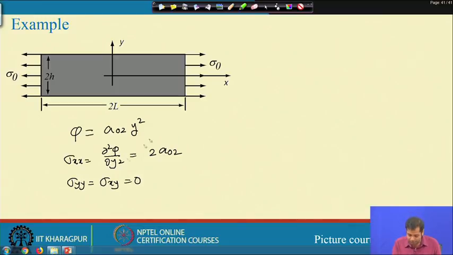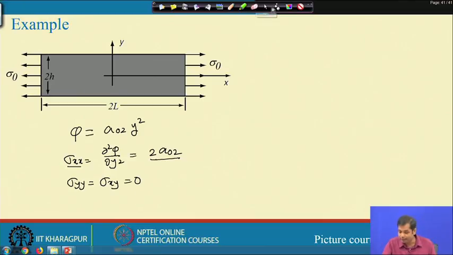Okay. From this phi we can derive that. So, if you take any point, sigma xx will be 2 A02, which is constant, and sigma yy is equal to 0.